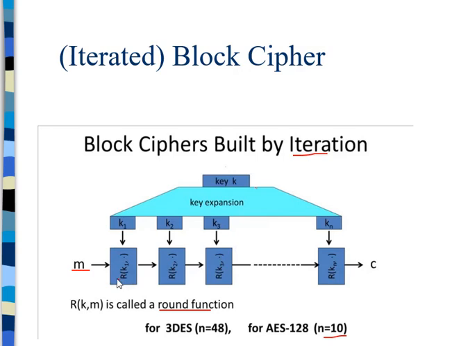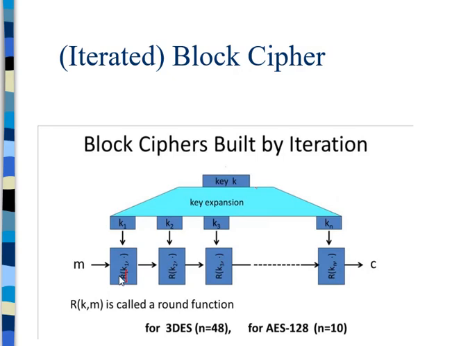For instance, R is a function, and in each round 1, 2, 3, n, we also have a round key 1, 2, 3, etc. The message M can then be encrypted using this function R, which stands for round function.